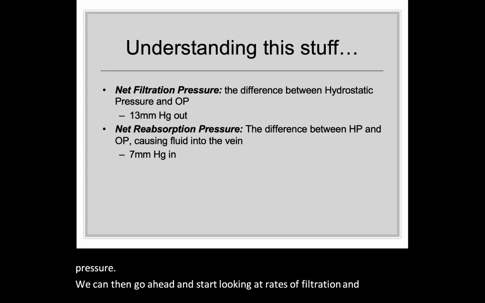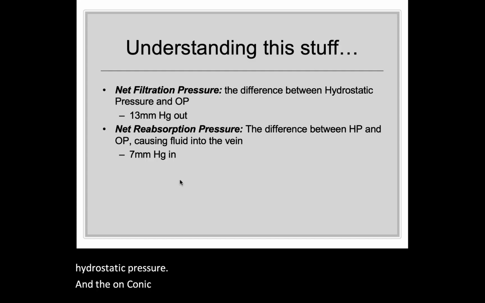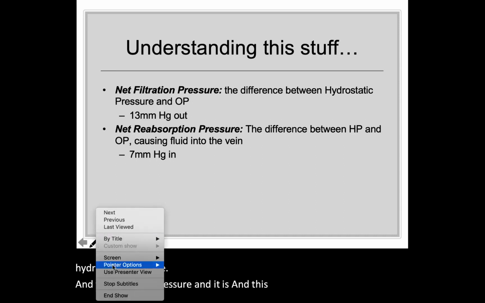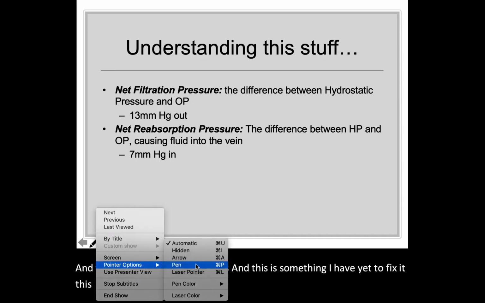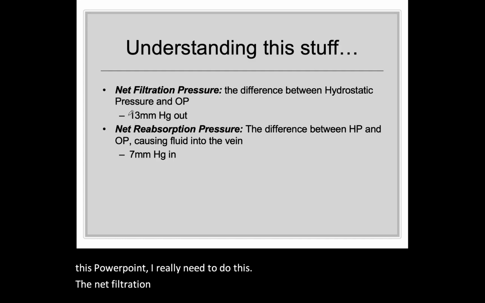And so net filtration pressure is the difference between the hydrostatic pressure and the oncotic pressure. And it is, and this is something I have yet to fix in this PowerPoint, I really need to do this, the net filtration pressure is a positive 13 millimeters of mercury out of the capillary.